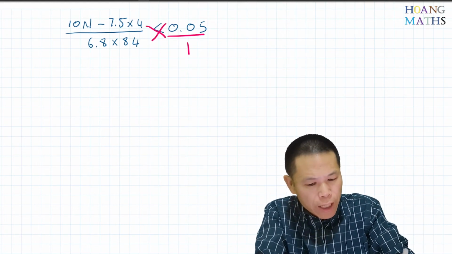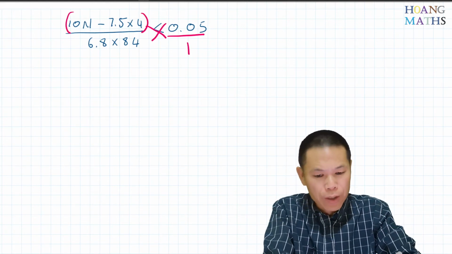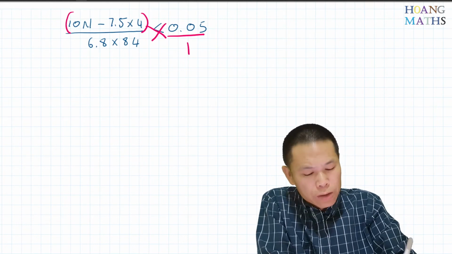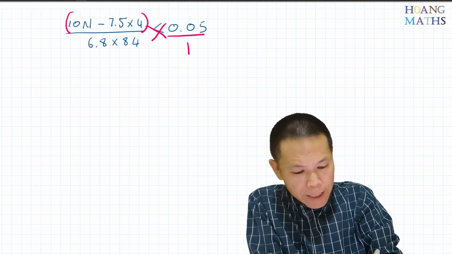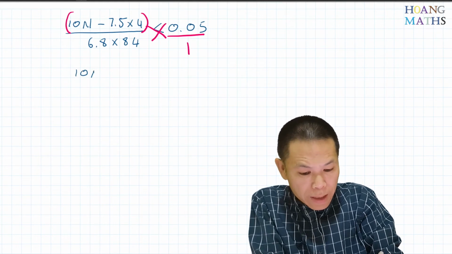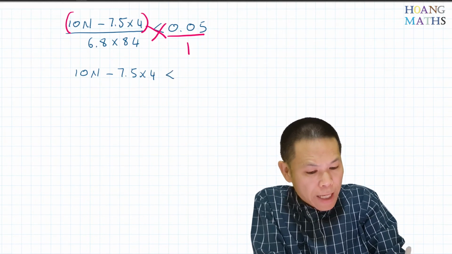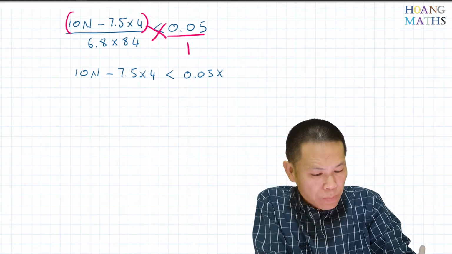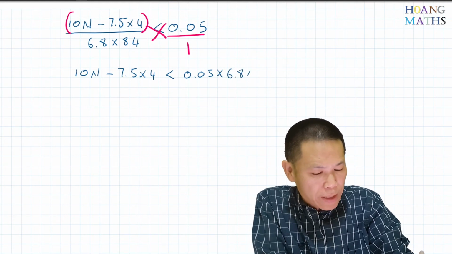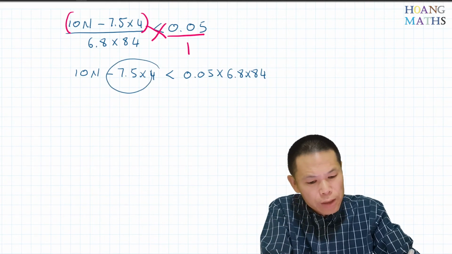So 1 times this is exactly the same. So I just write this down: 1 times 10n minus 7.5 times 4 is exactly the same, so 10n minus 7.5 times 4 is less than 0.05 times 6.8 times 84.